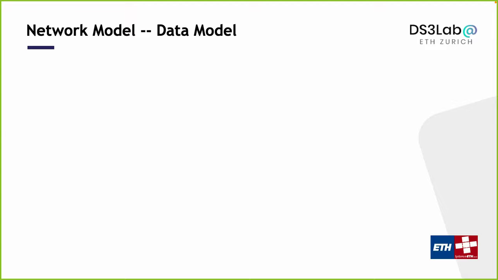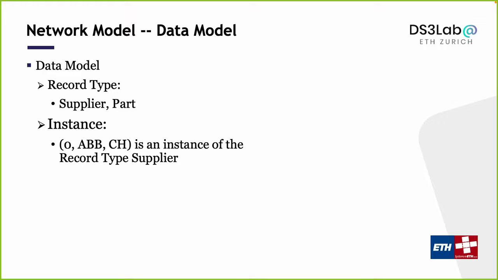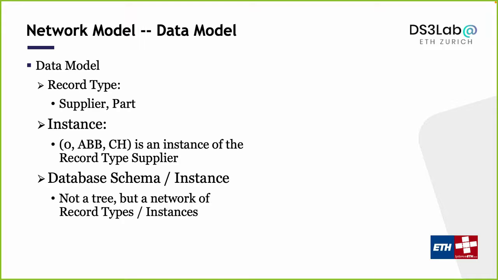So the data model here is very similar to the hierarchical model. I have a whole bunch of record types. I have some supplier, I have part, right? All those types of things. My instance is, for each record type, I have a whole bunch of tuples, right? And the database schema and instance is actually not a tree, not a hierarchy, but a network of types.